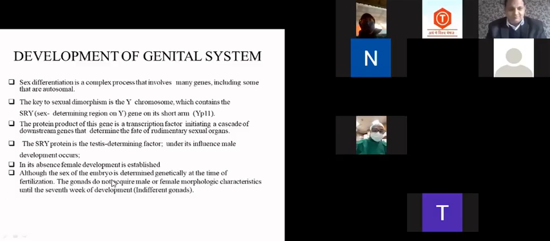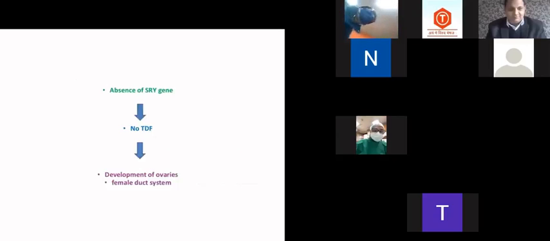Although the sex of the embryo is determined genetically at the time of fertilization, the gonads do not acquire male or female morphological characteristics until the seventh week of development. Till then, there will be indifferent gonads. So, if there is absence of the SRY gene, that is no testis determining factor, then development of ovaries and the female duct system from the paramesonephric duct takes place.